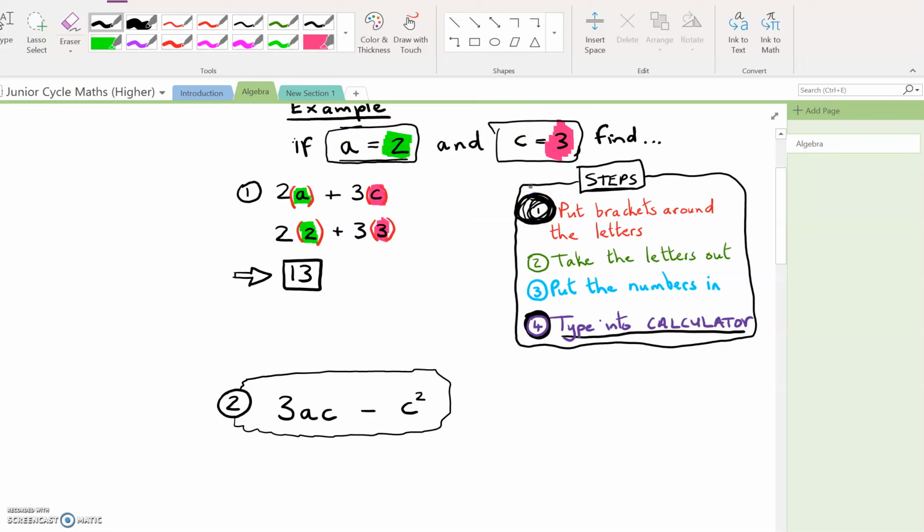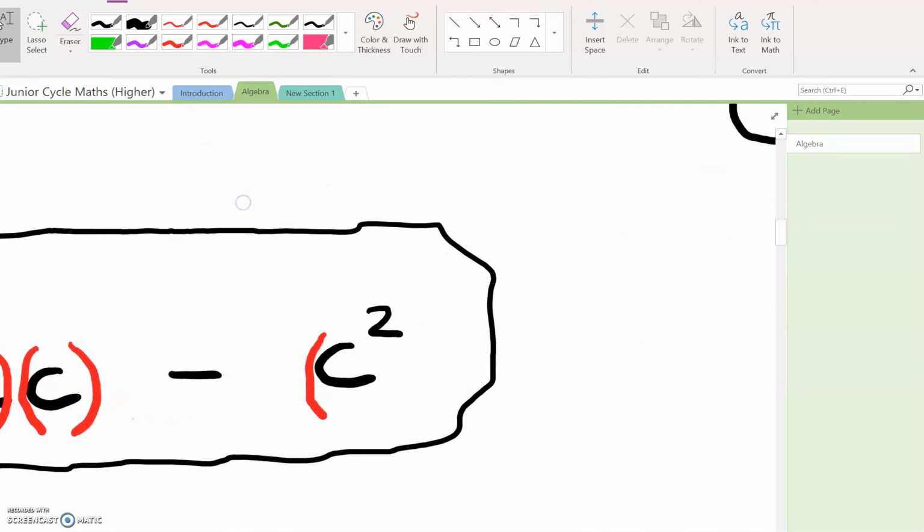Put brackets around the letters. Every letter gets its own pair of brackets, and we have to make sure we just put them around the letters. So watch this, we don't do this. That's not around the letter, that's around the squared. We have to just keep it in there. That's brackets around the letters.